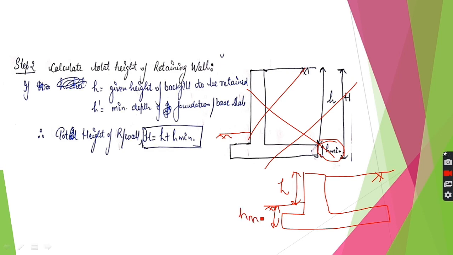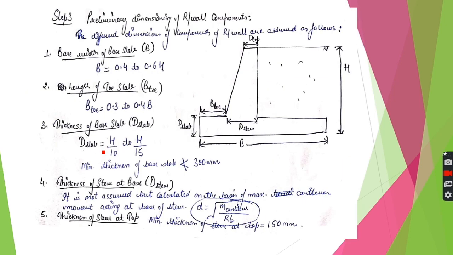So kindly correct this diagram. These values are from here to here, and below that is h minimum. So this will give you the total height of retaining wall which you have to decide.